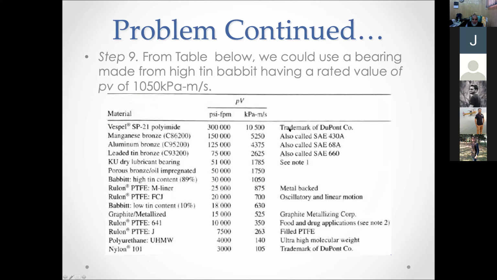You will find where the value you obtained fits and which type of bearing material will give this value of PV. It is mentioned here as tin Babbitt, high tin content 89%.